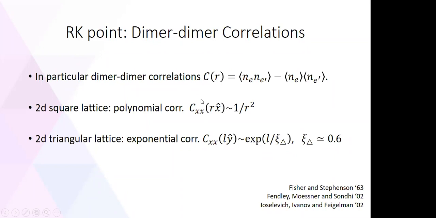With them, people have been able to explicitly calculate, let's say, on the square lattice, the dimer-dimer correlation function drops off as a power law, and on a triangular lattice it drops off exponentially, and quite fast.